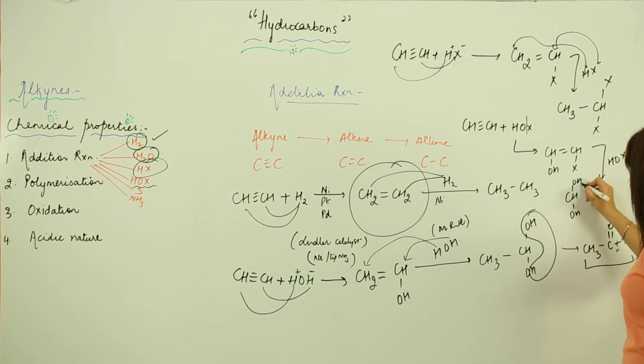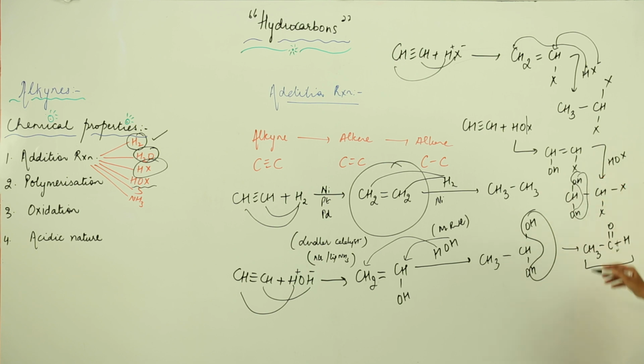OH, again OH, single bond, CHX and X. Again the water molecule gets eliminated and you get the compound. I'll write the name of the compound here. So I'll get X2, CH, single bond, CH. So this is what we get.